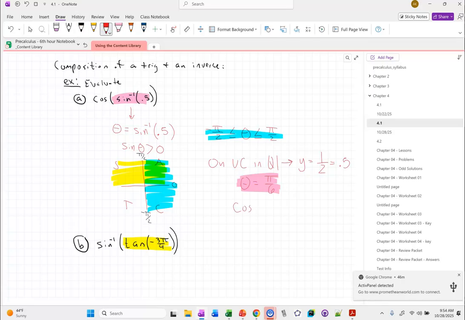So we have now cosine of pi over 6. Everybody okay with that? So I figured out what the inside was. The inside's pi over 6, and now I have cosine of pi over 6. How do I do that?